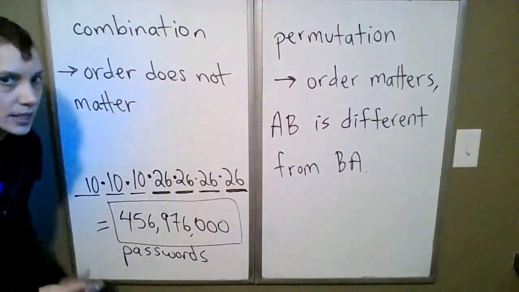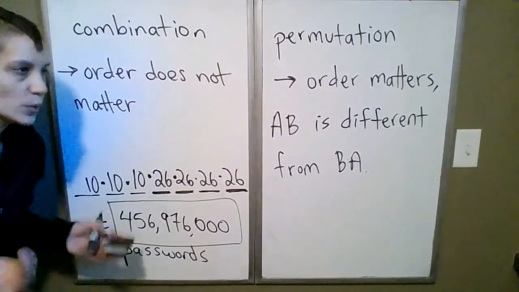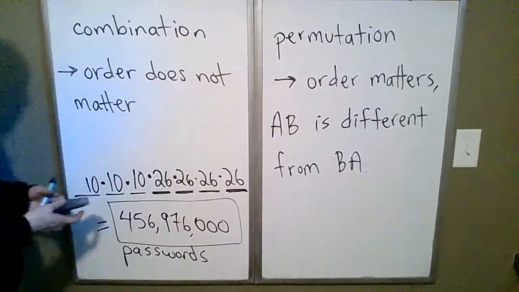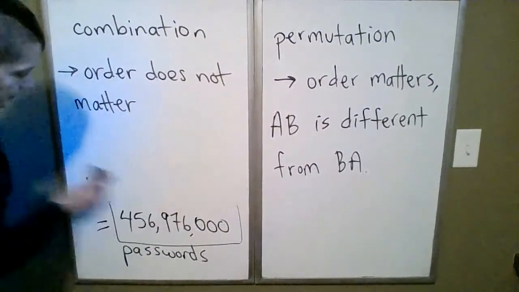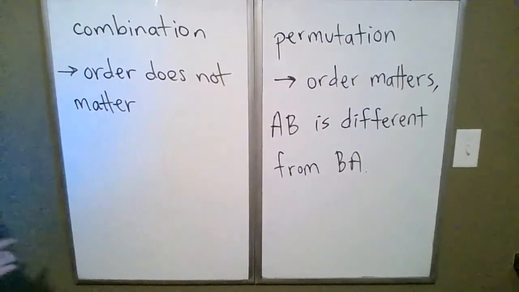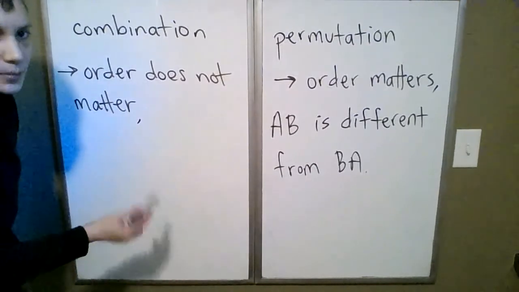The idea will be that you choose a few objects out of a set of objects in any order. The order doesn't matter. Just pick a couple things out of a set. And something like AB is the same as BA.